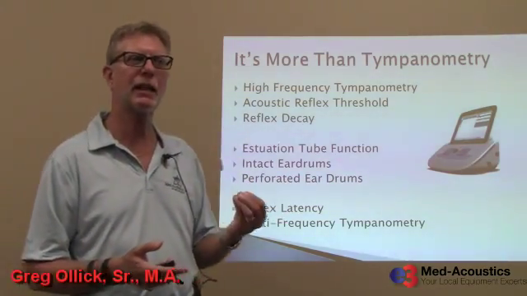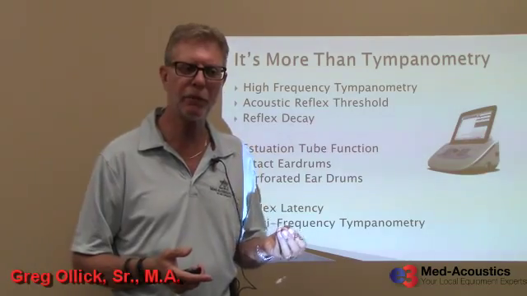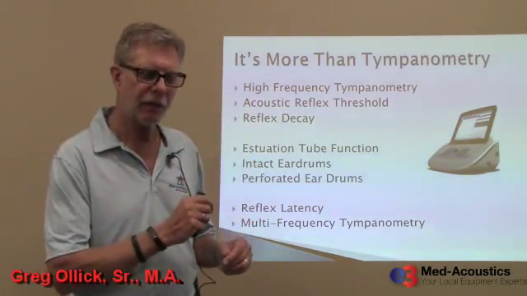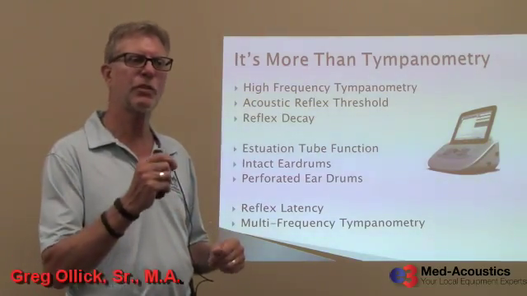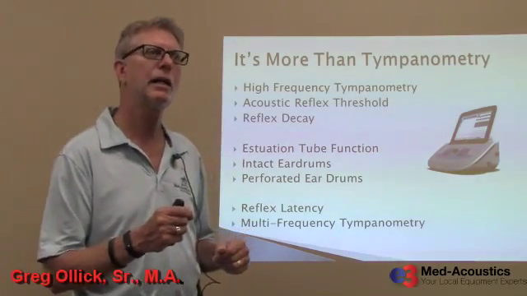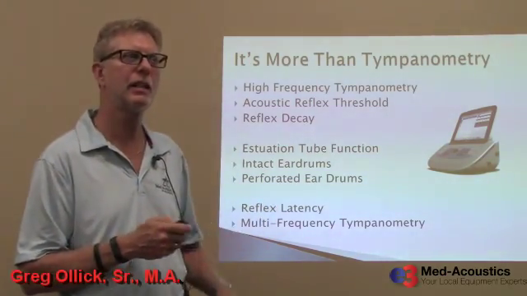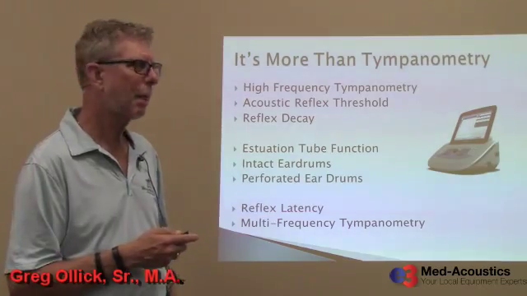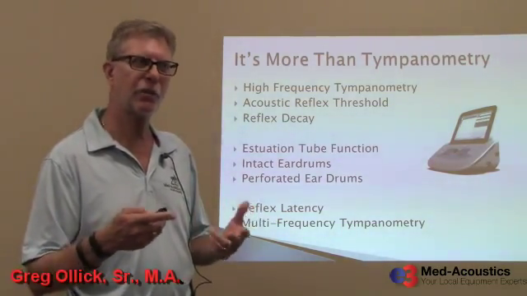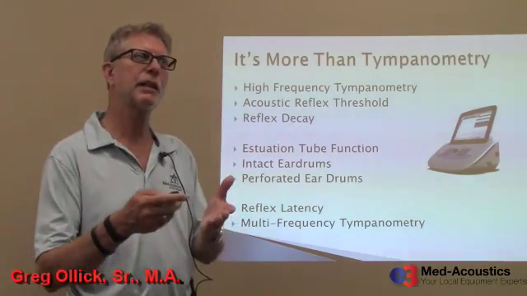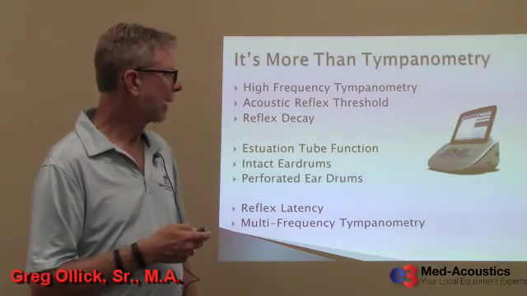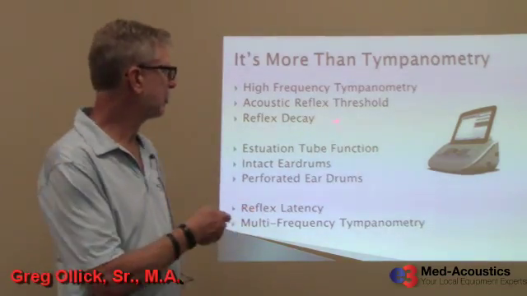On the middle ear analyzers, you can do it that way on all of them, or you can do it manually, where you can adjust the stimulus to whatever frequency you want, and you can adjust the intensity to whatever intensity you want, and then apply the stimulus and see the deflection on the graph, and you can find the threshold positively and accurately, and you can repeat it and be sure of it more accurately than you could if it was just an automated screener.